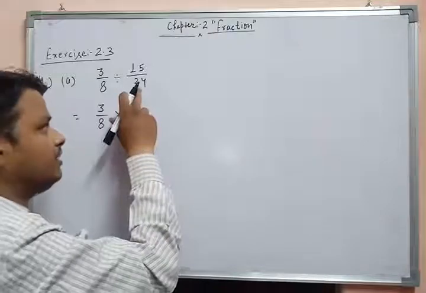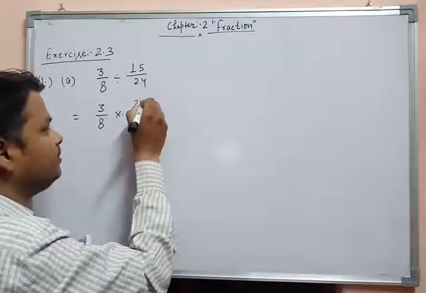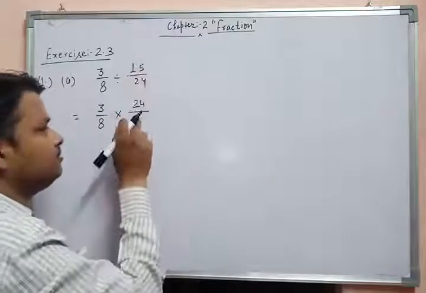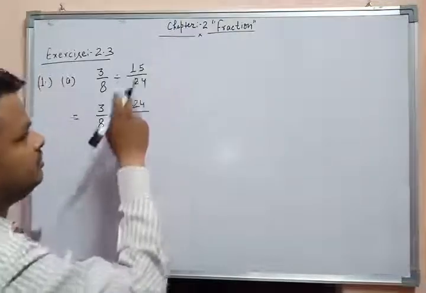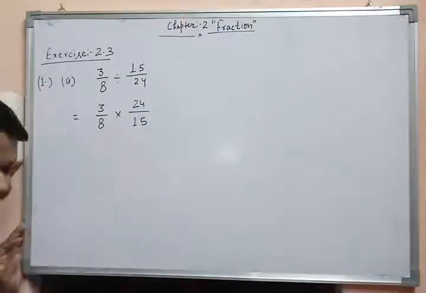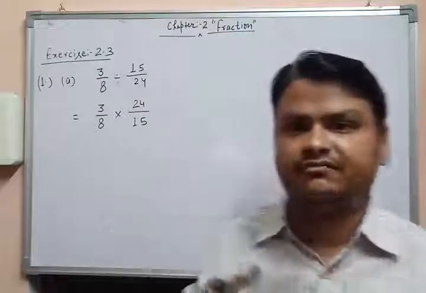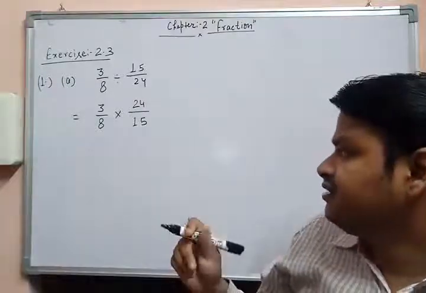It means you have to write this denominator in the place of numerator and this numerator in the place of denominator.